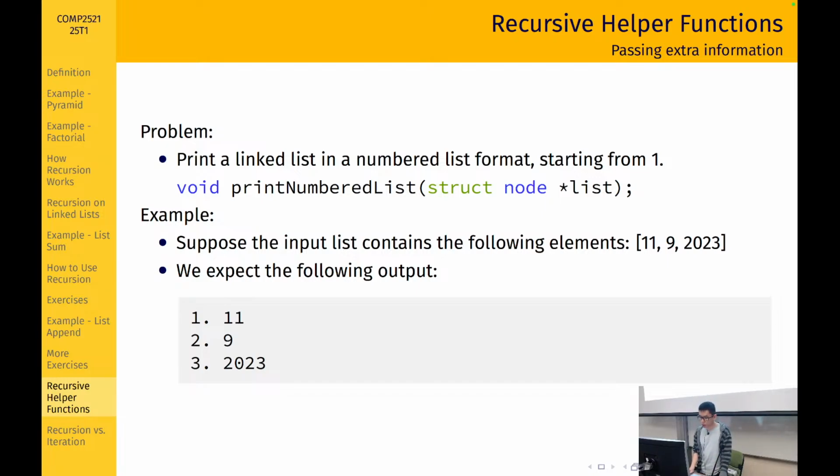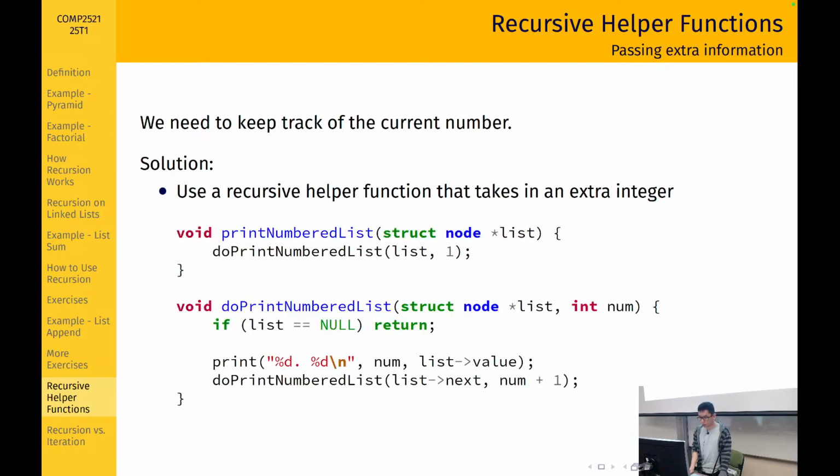So what do we do? Well, we create a recursive helper function, right? So what we do is we create a recursive helper function that takes in a number, and then that number is the number that we would want to print out before each list item, right?